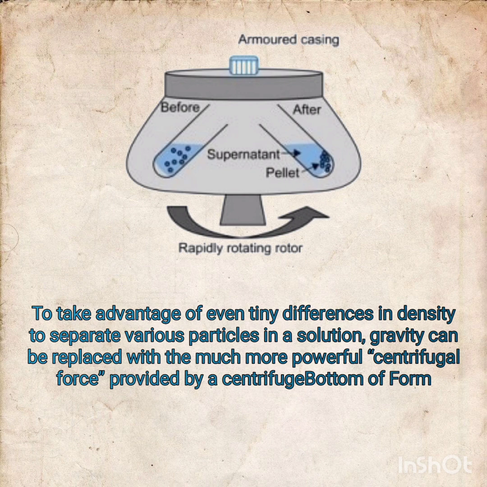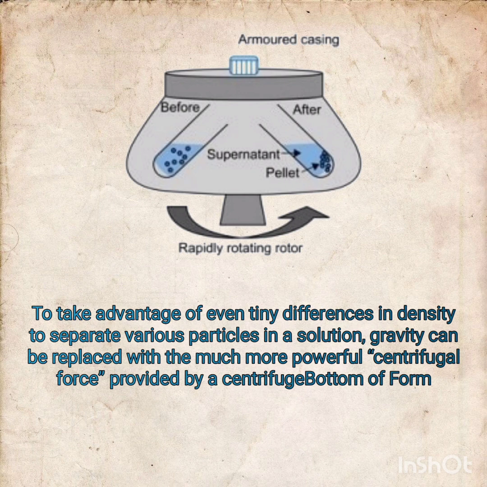To take advantage of even a very tiny difference in density to separate various particles in a solution, gravity can be replaced with the much more powerful centrifugal force provided by the centrifuge.